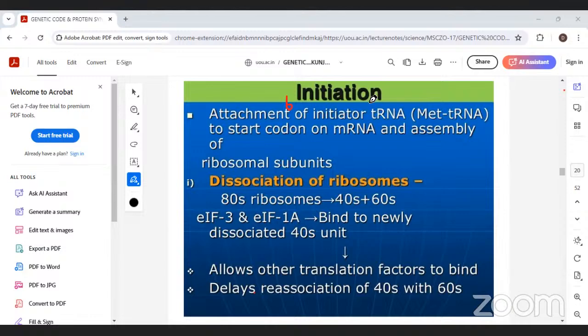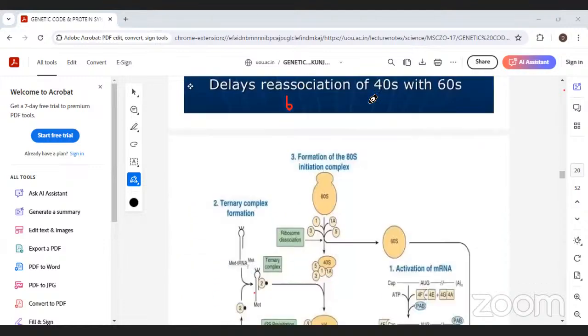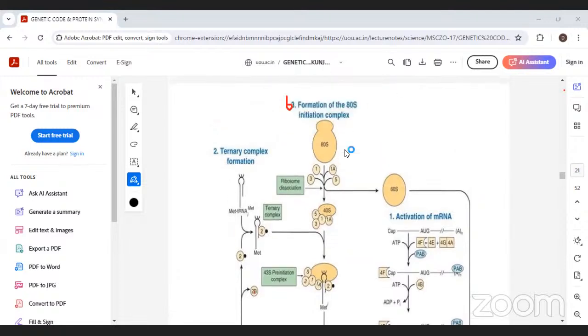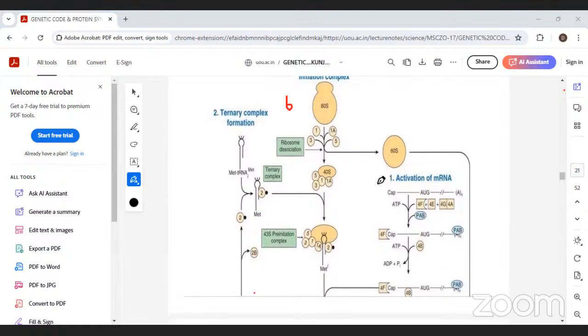It is also helped by the secondary structure of the mRNA, that is the loops of the mRNA at the proper site. You can observe this picture of protein synthesis in prokaryotes. You can observe the total formation of the initiation complex, and how initiation activates the tRNA and mRNA.